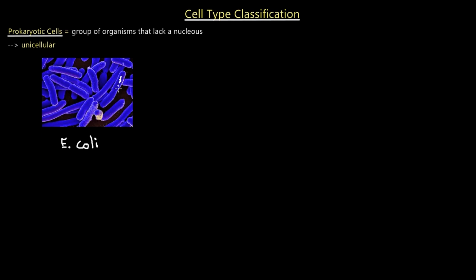They just have their prokaryotic chromosome floating around, usually in the middle of the cell. They do not have any membrane to surround it, and therefore they're called prokaryotic cells.